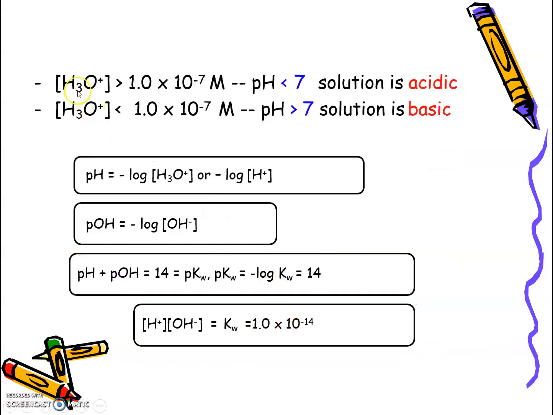If the concentration of H+ or H3O+ is more than 1.0 times 10 to the power of -7 molar, pH is less than 7, the solution is acidic. If the concentration is less than 1.0 times 10 to the power of -7 molar, pH is more than 7, the solution is basic.